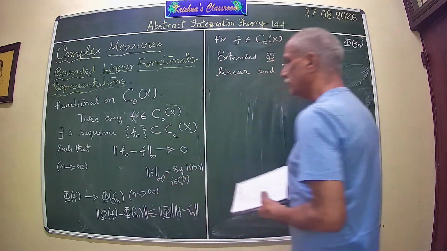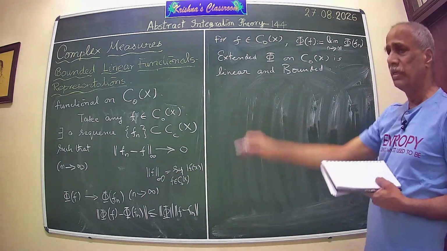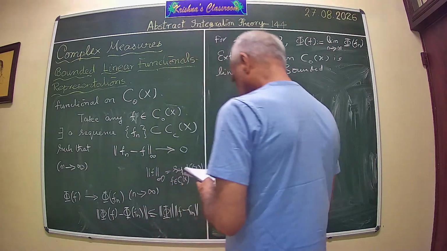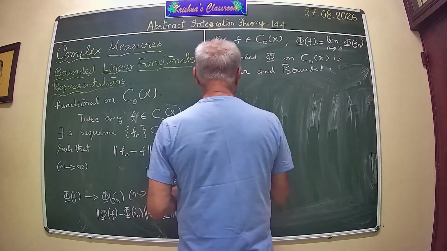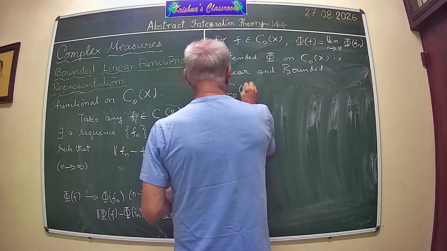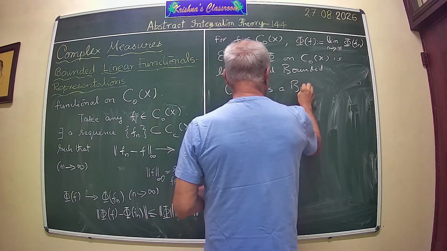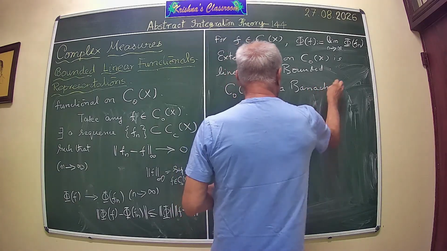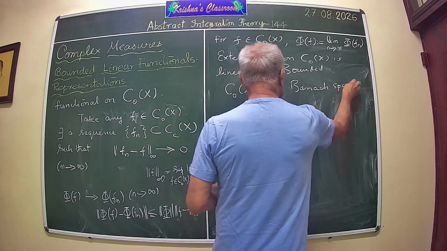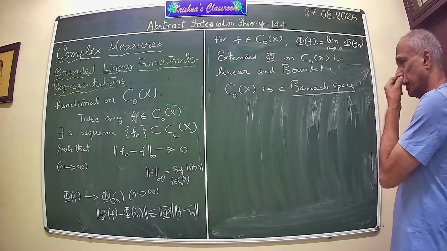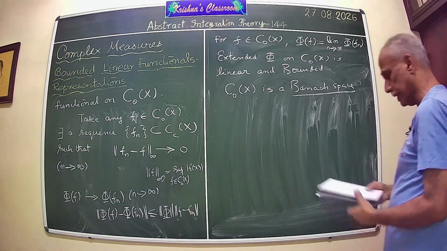Therefore, without loss of generality, we need not stick to CCX. Of course C naught X is a Banach space, that means it is complete, and CCX is a dense subspace of the Banach space.